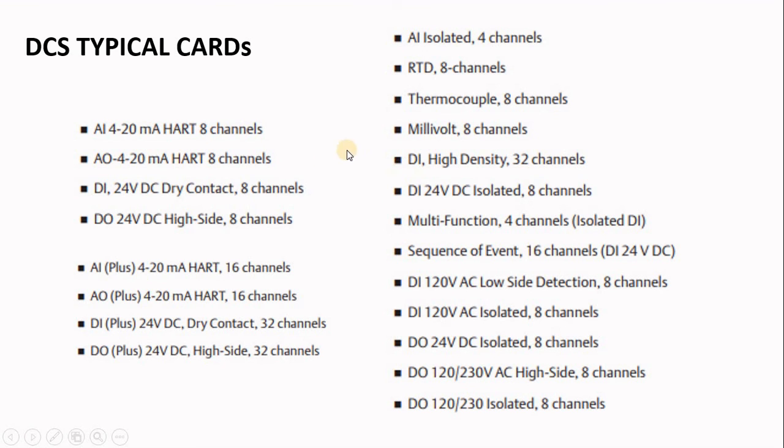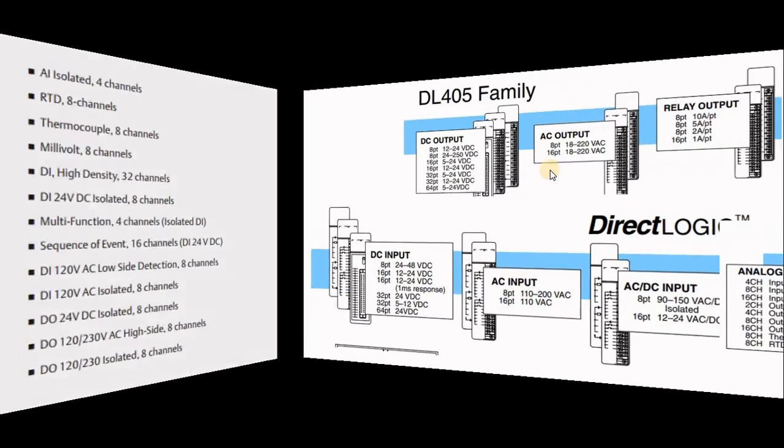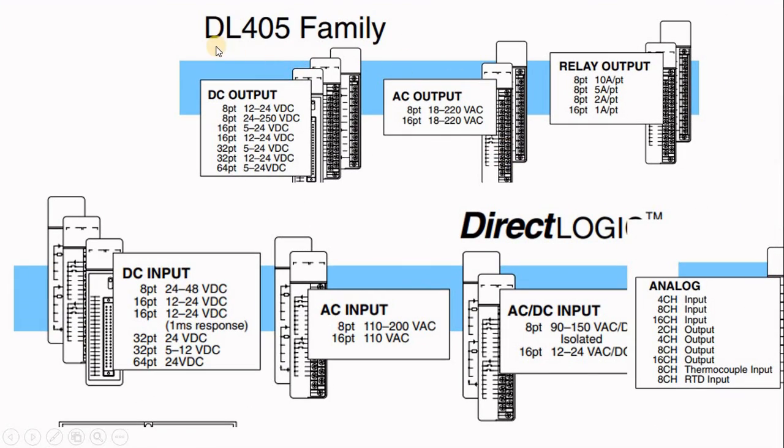In your PLC or DCS, you will find a lot of cards, hard or non-hard. Like these digital outputs in 8 channel, 16 channel, 32 channel, and so on. Here again, it depends on the type of the PLC, not only the manufacturer, but also the series in those PLCs. So this is the AutomationDirect 400 series or 405 family.